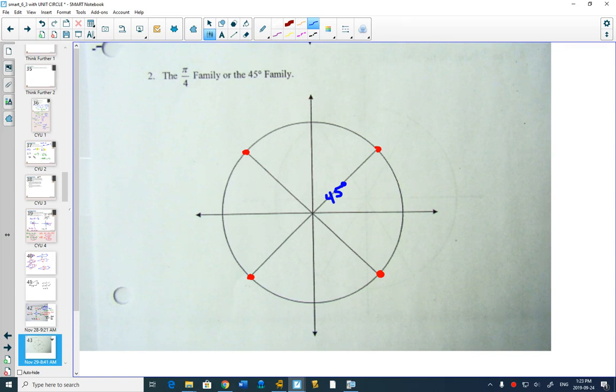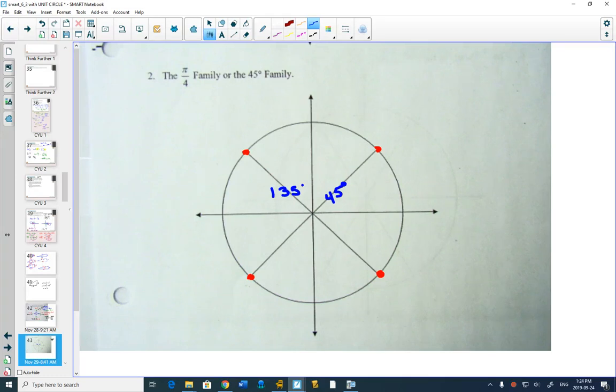What angle would I have in quadrant 2 with a reference angle of 45 degrees? 135 degrees. How would we find that? Well, this angle would be 180 minus 45.